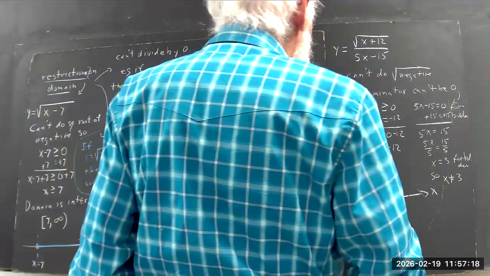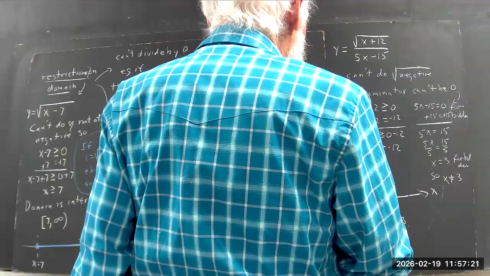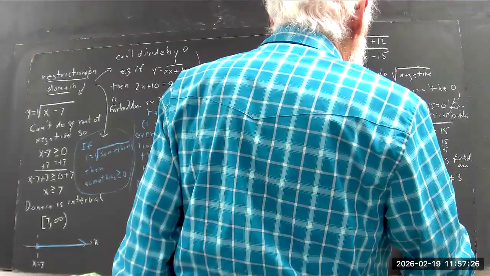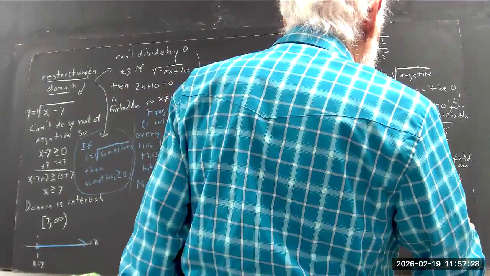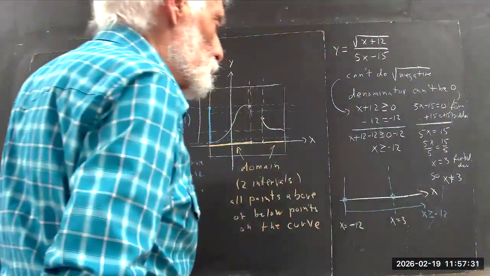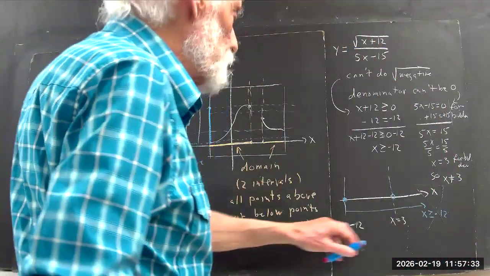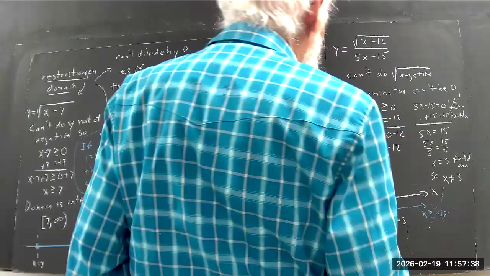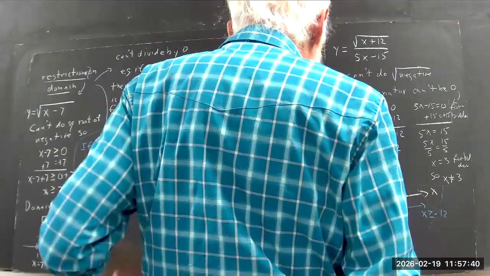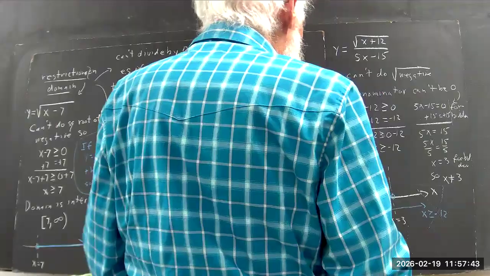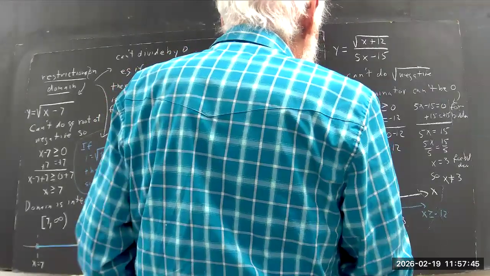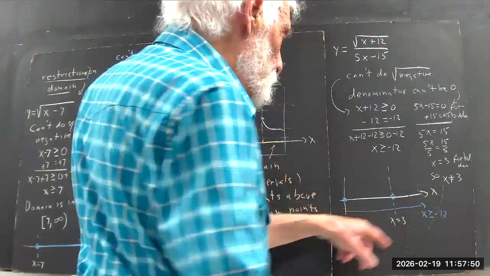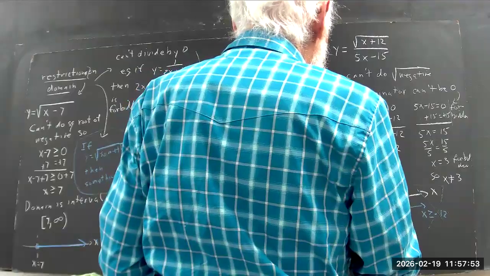Well, we can kind of draw that interval down here. X greater than or equal to negative 12, but x also has to not be equal to 3. So my interval is everything to the right of x equals negative 12 except for x equals 3. So I draw the interval like this.